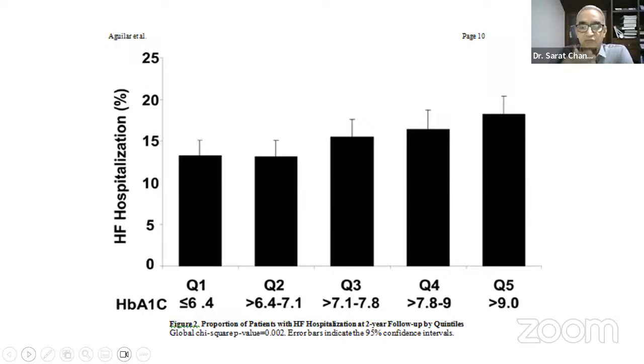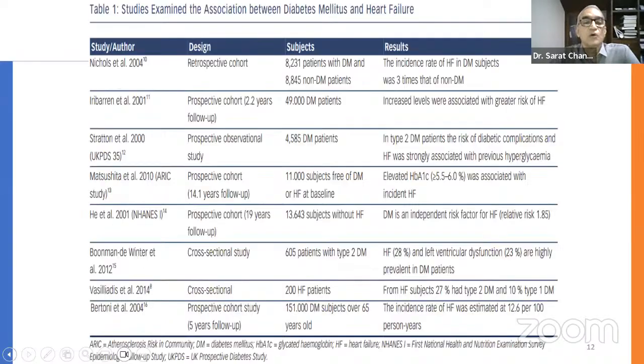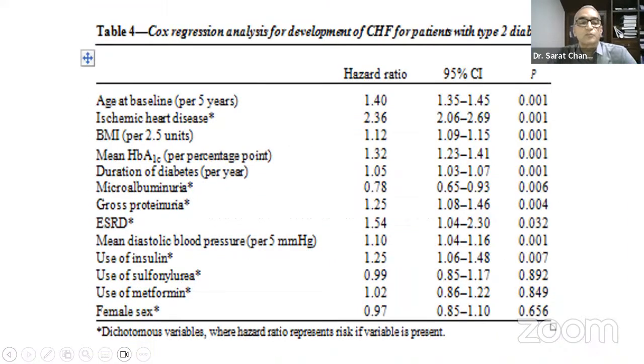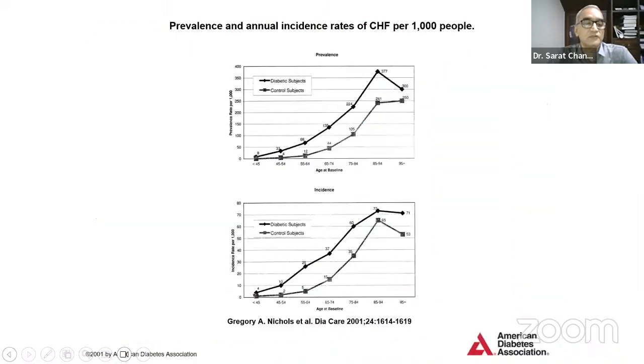So at the time of diagnosis of diabetes, if A1C is higher, the chances of heart failure are higher. So probably that means the diabetes has been unrecognized for a longer period of time in those who have a much higher A1C. And probably the disease also is more severe, and that makes them more prone to the development of heart failure.